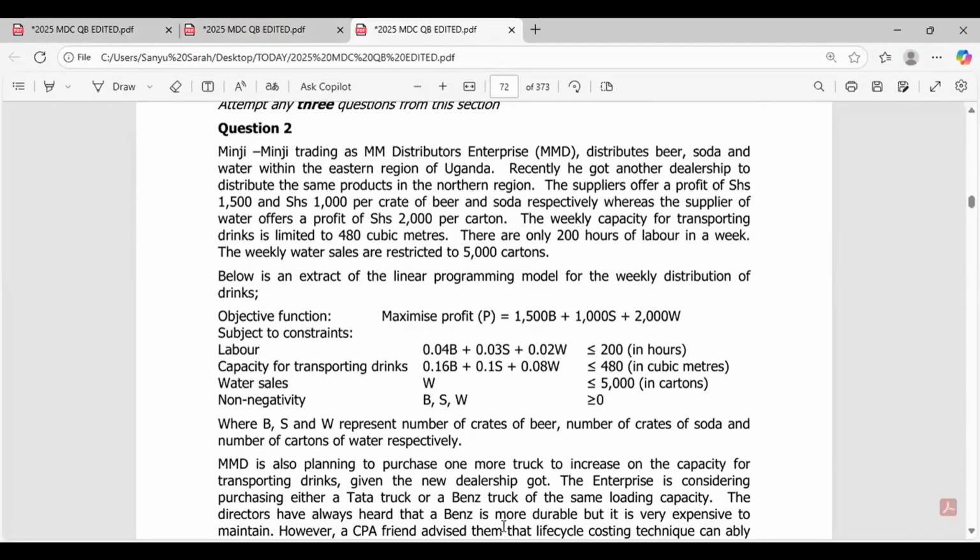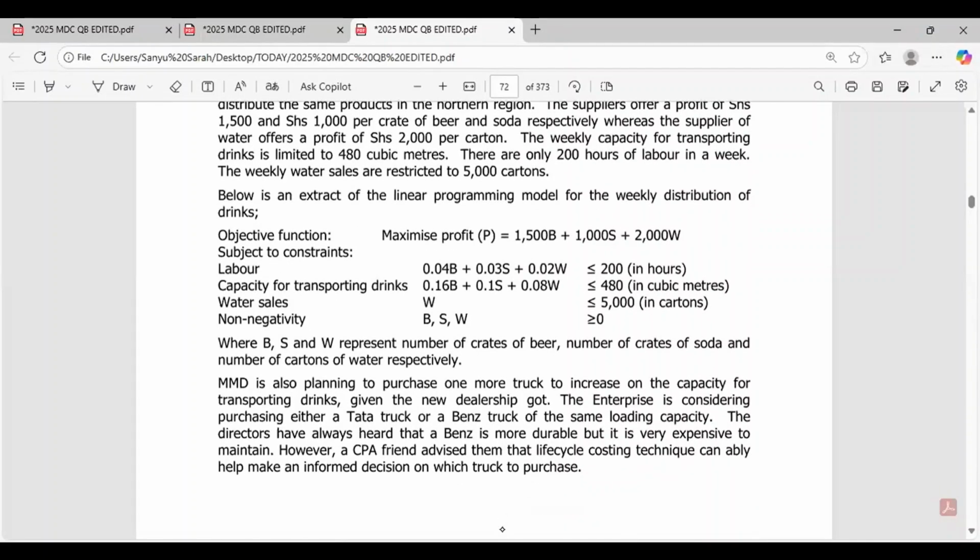The suppliers offer a profit of 1,500 and 1,000 per crate of beer and soda respectively, whereas the supply of water offers a profit of 2,000 per carton. The weekly capacity for transporting drinks is limited to 480 cubic meters. There are only 200 hours of labor in a week. The weekly water sales are restricted to 5,000 cartons.